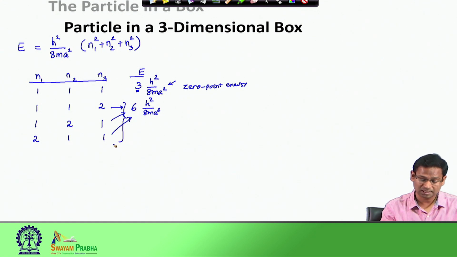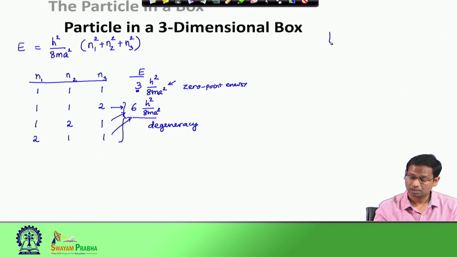So, now we see that we have 3 different state functions, represented by 3 distinct eigenfunctions, which have the same eigenvalues. This is a case of degeneracy. So, we see that this energy level is threefold degenerate.